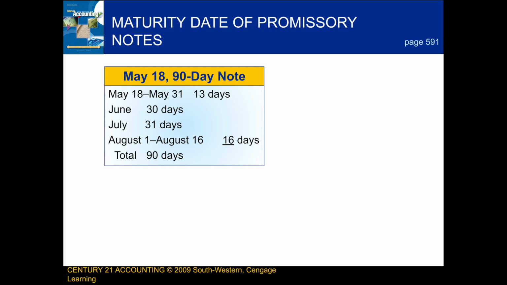Okay, so the last thing that we're going to be talking about in this lesson is calculating the maturity date of a note. So the way that we calculate the maturity date of a note is as follows. First, we subtract the date of the note from the number of days in the first month. So from May 18th to May 31st, that's 13 days.